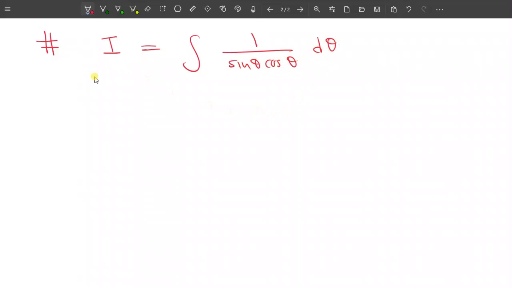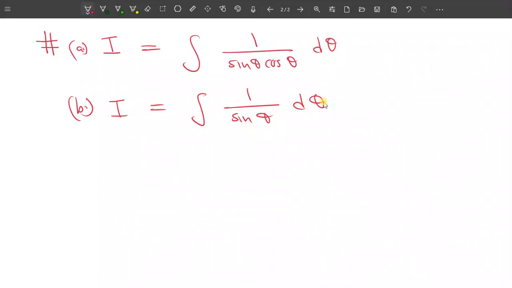The next challenge is from Jonathan, and it says: evaluate the integral of 1 over sin θ cos θ dθ, and use the solution for part A to evaluate the integral of 1 over sin θ dθ. I will leave you guys to look at it.